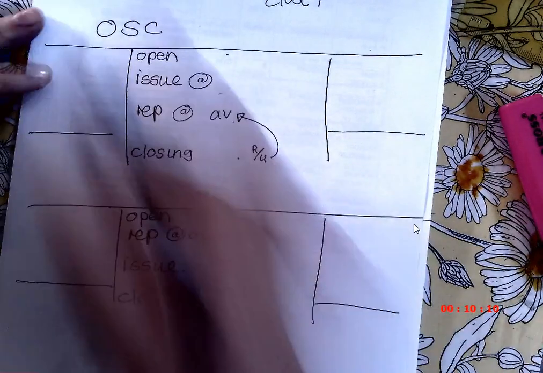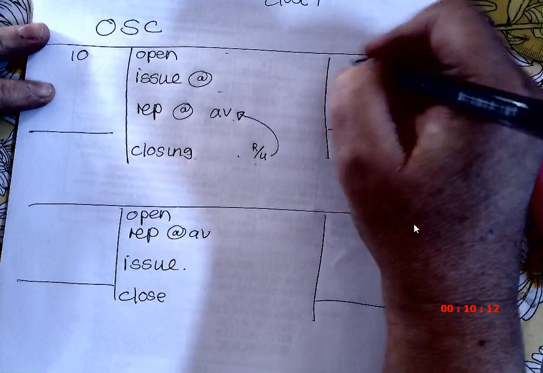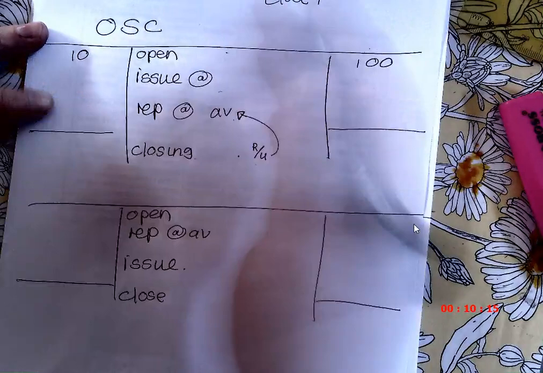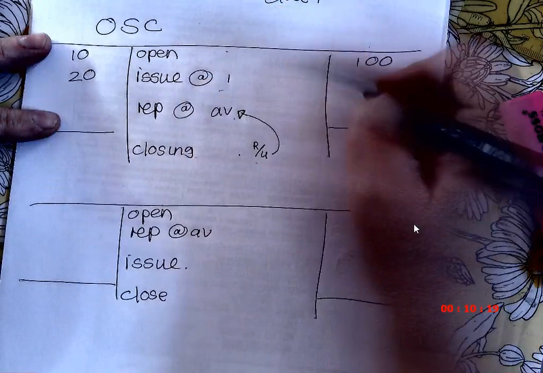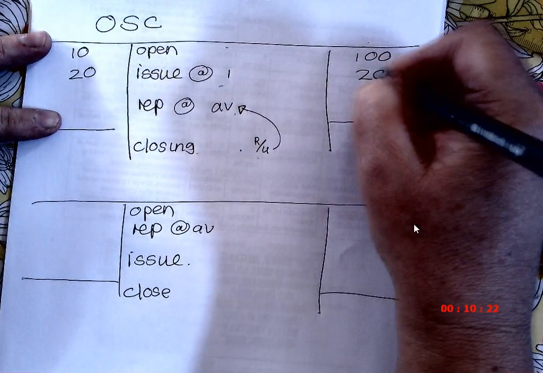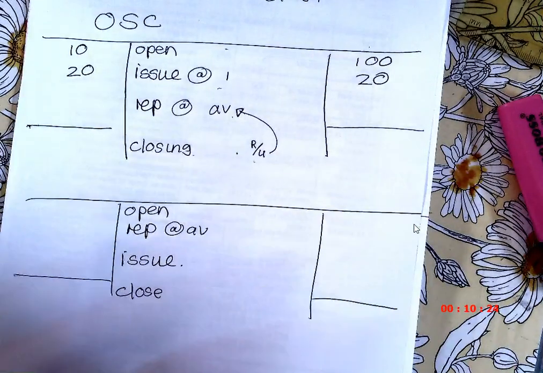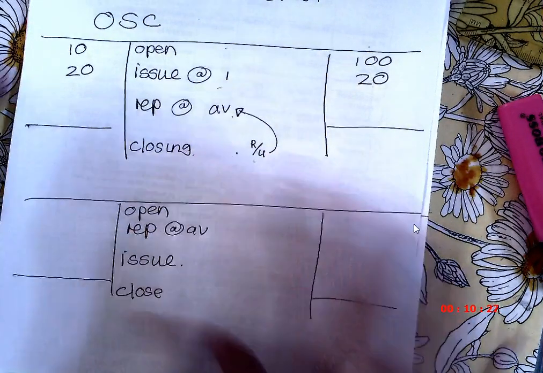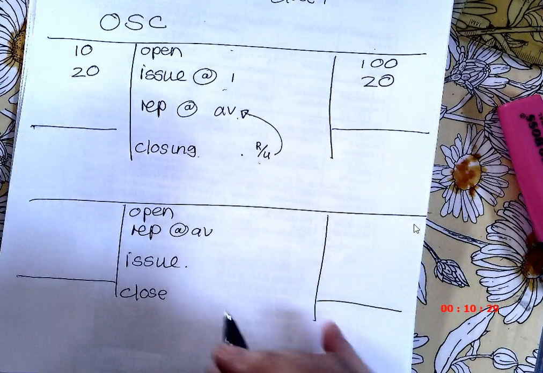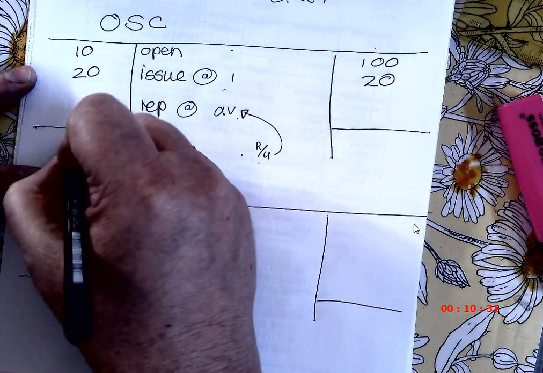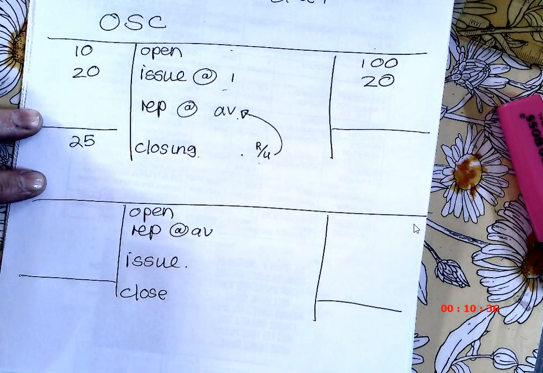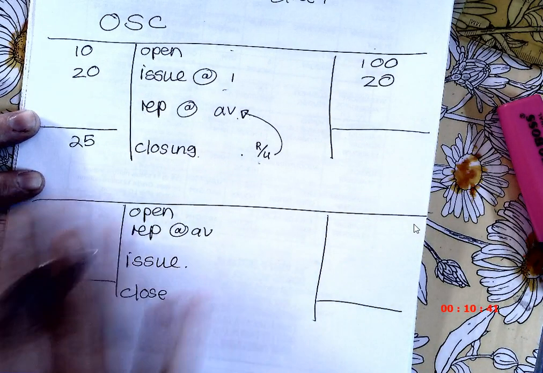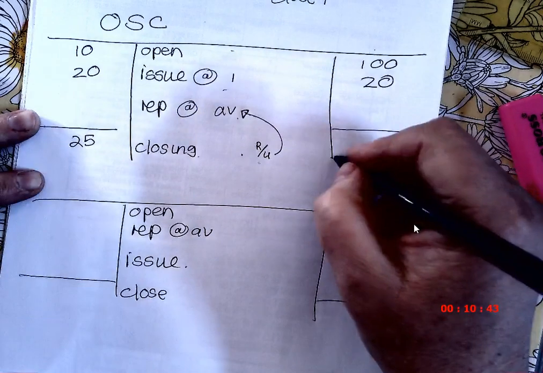So let's say the opening is 10 shares at 100 Rand. The issued is 20 shares at 1 Rand, and that gives me 20 Rand. Okay, I'm doing a ridiculous exercise here. Now they give me the closing is 25, right? And this is going to be very weird because I'm literally just thinking out amounts.